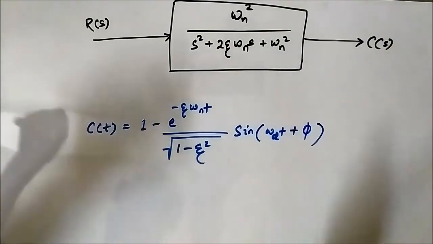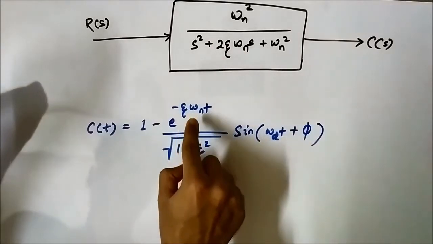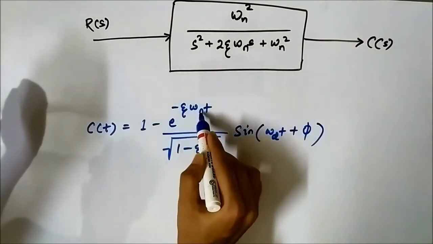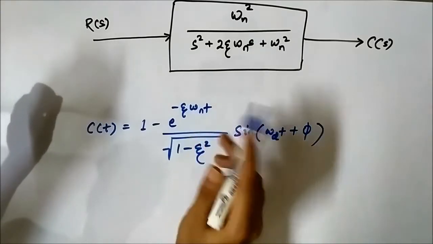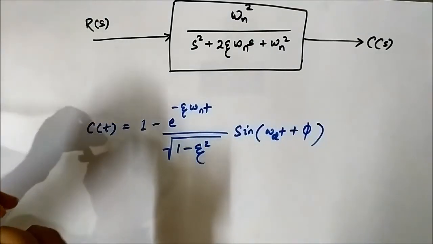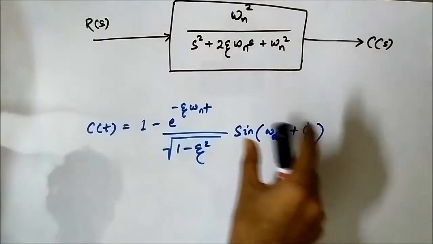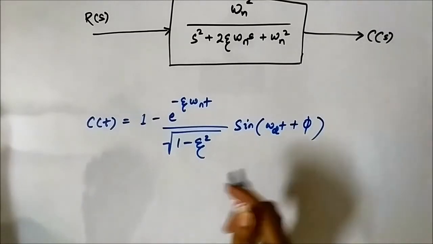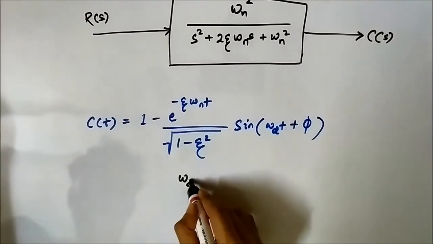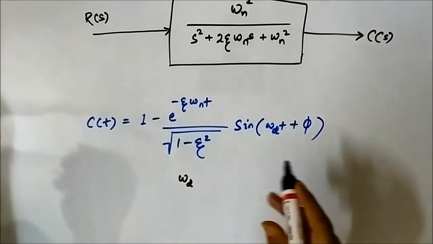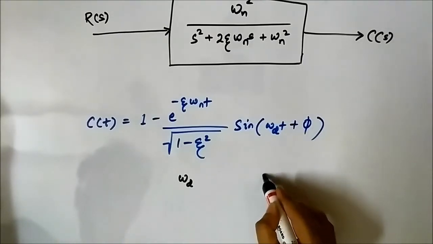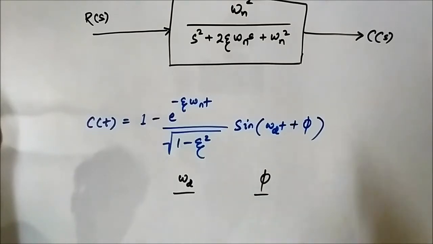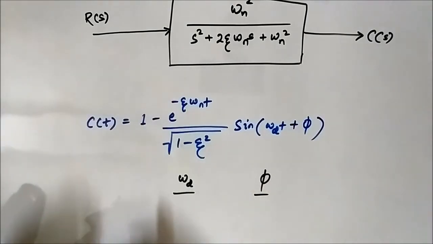Here we are acquainted with zeta, the damping ratio, and omega subscript n, the natural frequency of oscillation. The two new terms that appear in this equation are omega subscript d and phi.